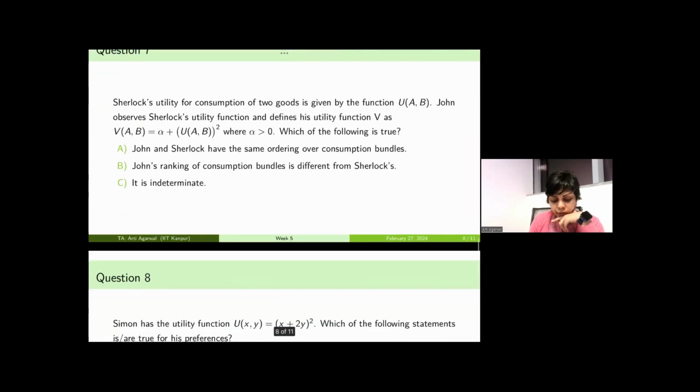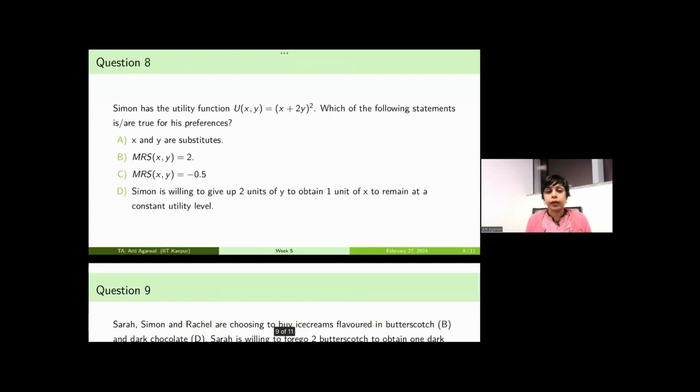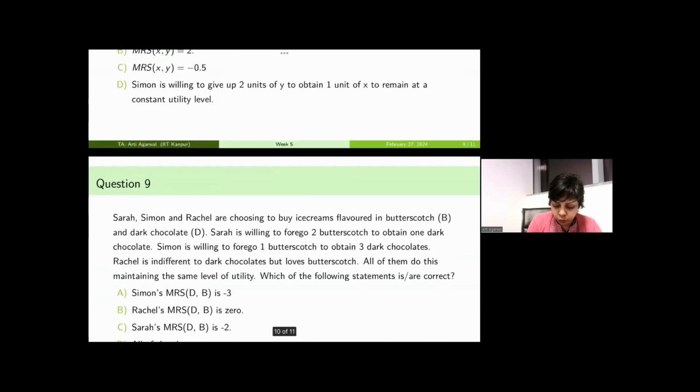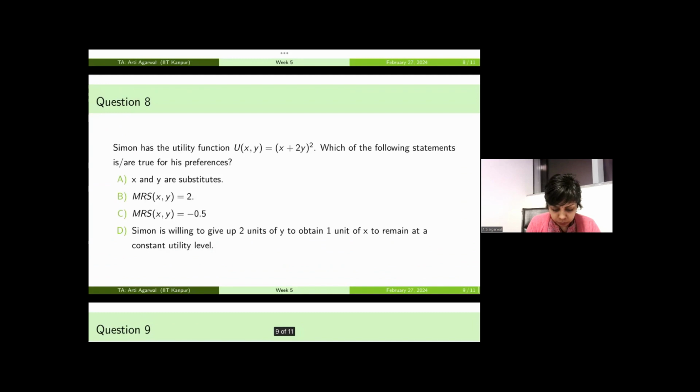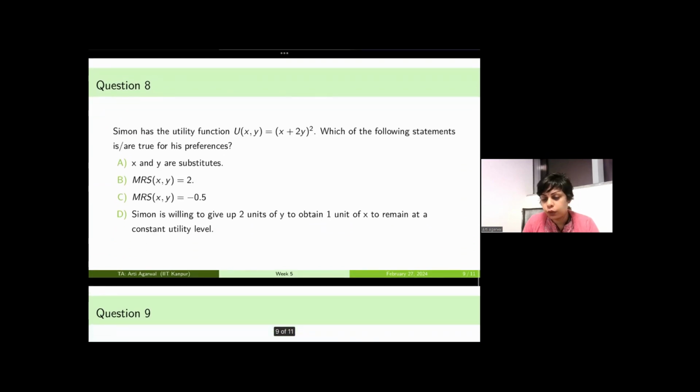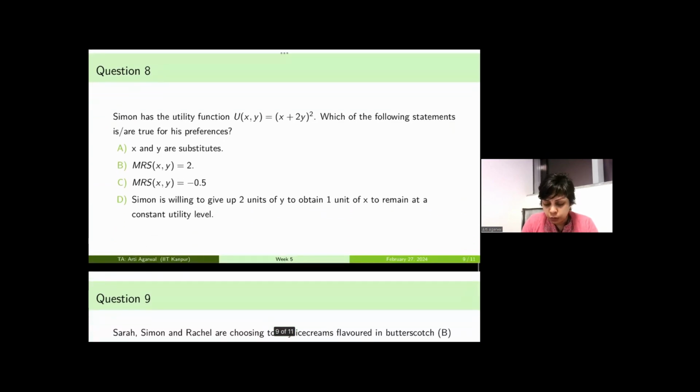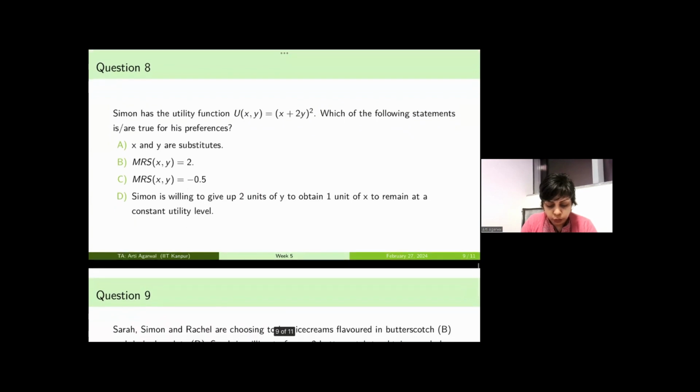Now let's go to the last question. This is again not very complicated, but you will need to think a little bit, I guess. So actually we have two more questions. I forgot that there was one more question. We'll be almost out of time, so I will leave these two questions for you.